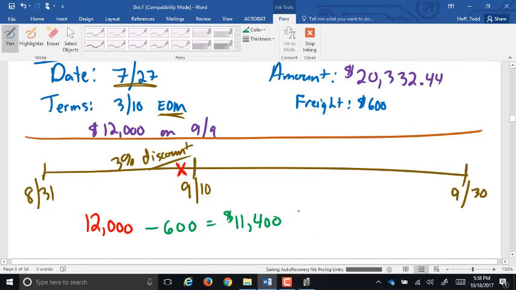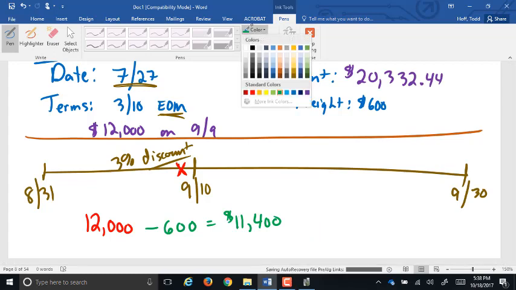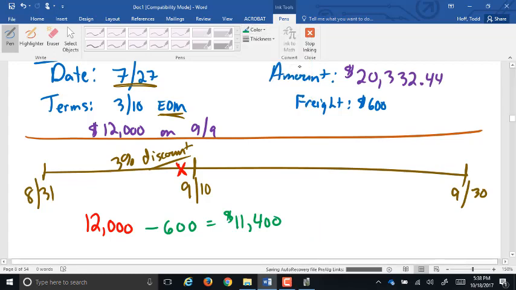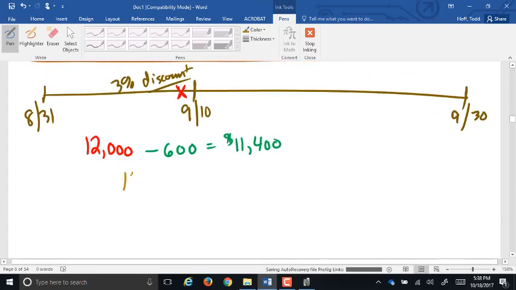That's what goes to the invoice. So now what do we do with that $11,400 to get the amount of credit? There's one more thing we have to do first. Divide by the complement of the discount. Yes.